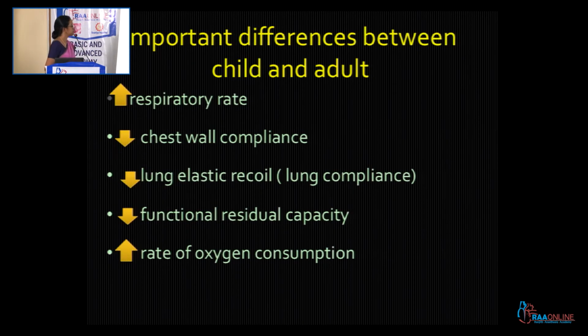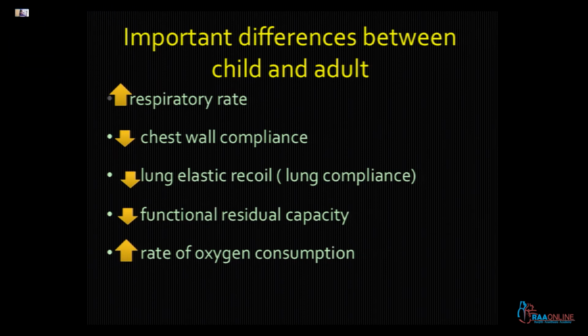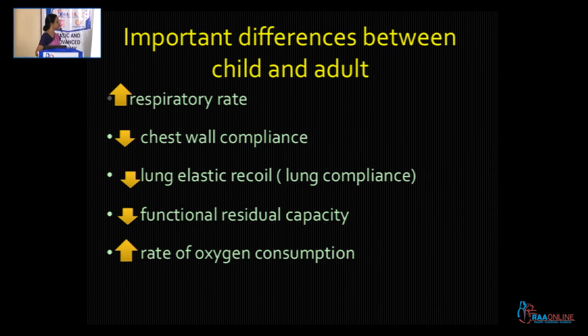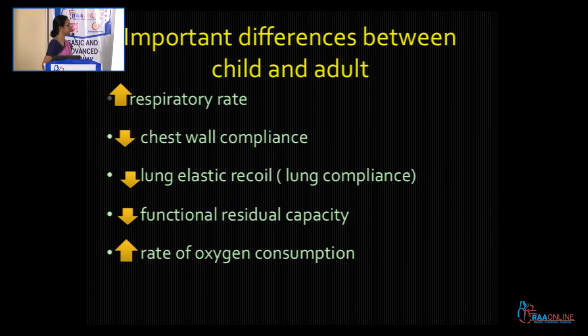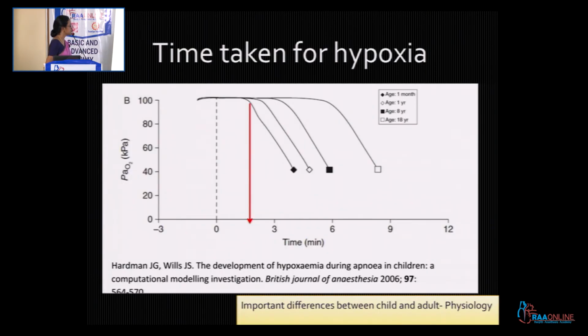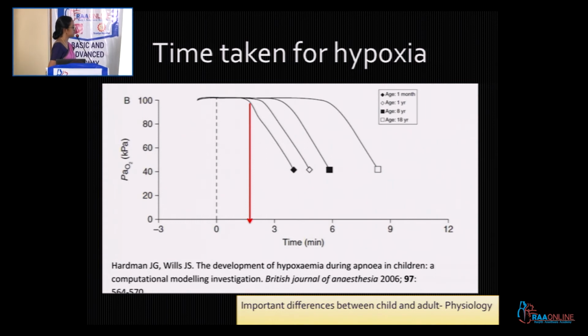Now, among the physiological differences, an increase in respiratory rate, decreased chest wall compliance, elastic recoil. We were talking yesterday, Dr. Apex was explaining how you fill the FRC with 100% oxygen and that gives you enough time before desaturation. In the child, the FRC is low and the oxygen consumption is high, so straight away you're at a disadvantage and the time for desaturation is significantly less. In this graph, the x-axis shows the time in minutes, the y-axis the arterial oxygen saturation.